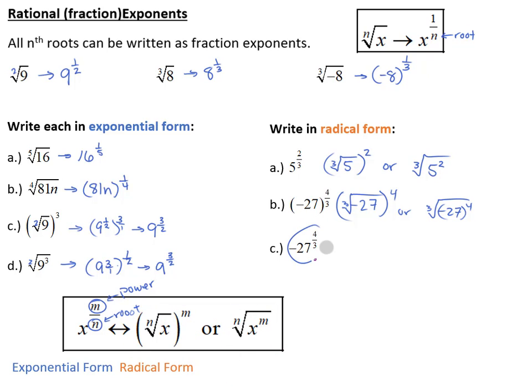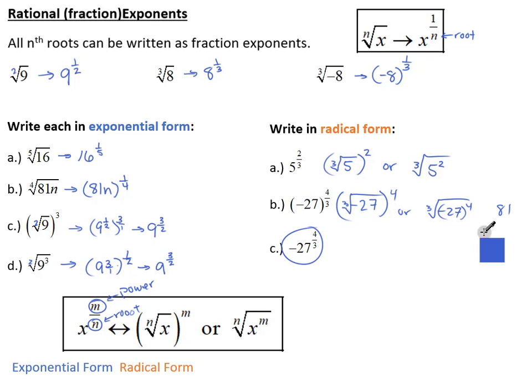This one, though, is different than the one above, so be very careful. Here, your calculator is reading the number negative 27, taking its cube root, which ends up being negative 3, and raising it to the 4th power, which gives you a value of 81. So if you plug that into a calculator, you get back 81.